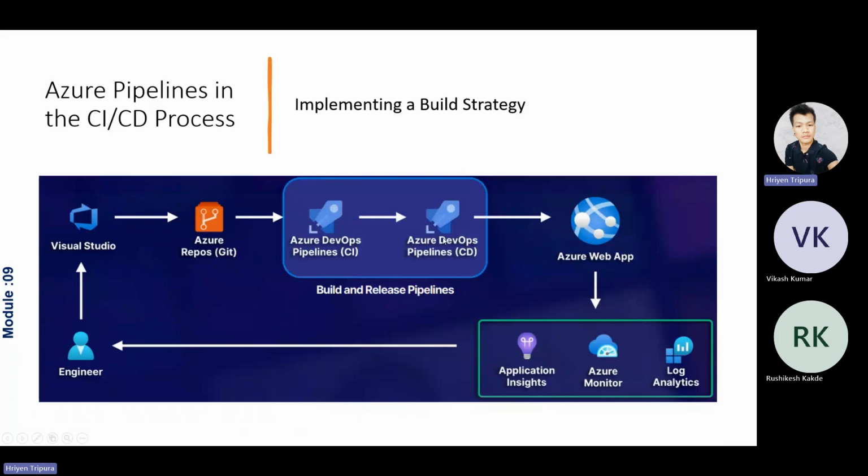And in my CD process, I can pull the images from ACR and use them while deploying to my Azure web app, and the rest remains the same. So the CI/CD process sometimes changes here and there, but don't worry for now.